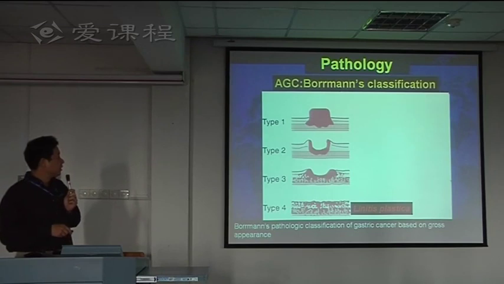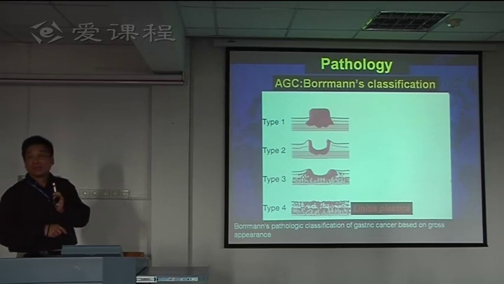This is usually what we call signet ring cell, a poorly differentiated adenocarcinoma. It's usually seen in young female patients, and the prognosis of type 4 is very poor, very poor.